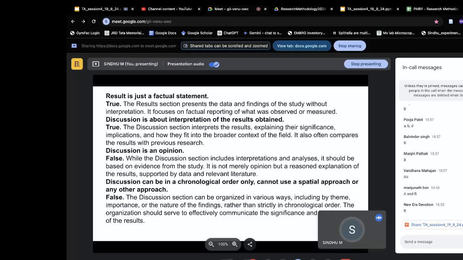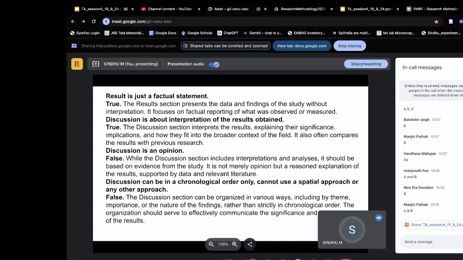In the result section, we just write what result we got. We don't try to explain that, etc. So it is just a factual statement. Option A is correct. And the interpretation of the results that we get, that comes in the discussion section.